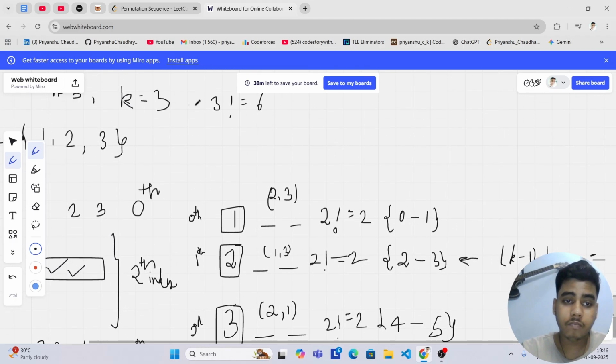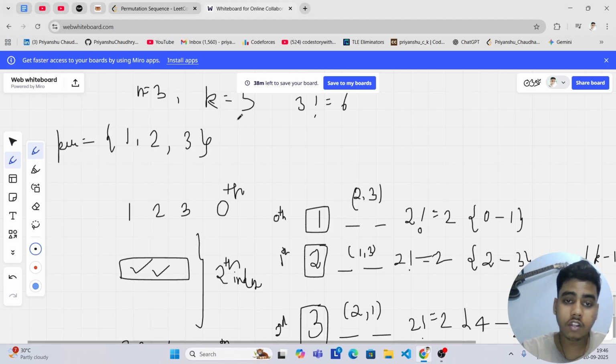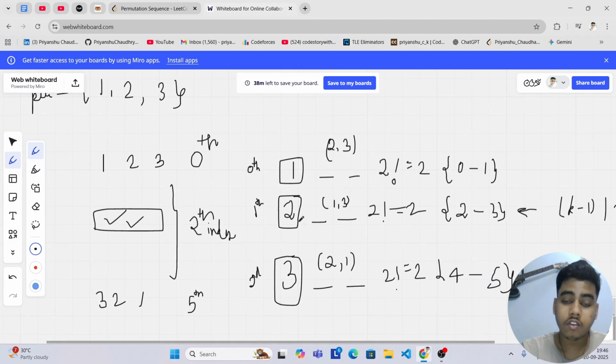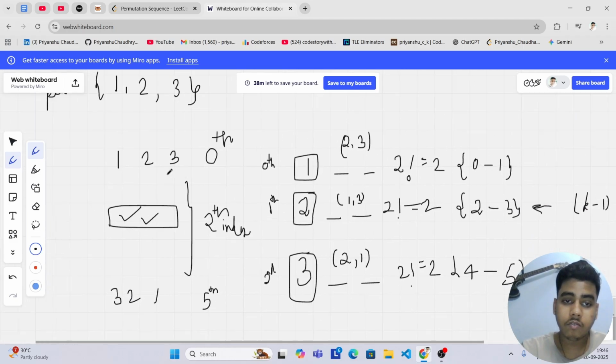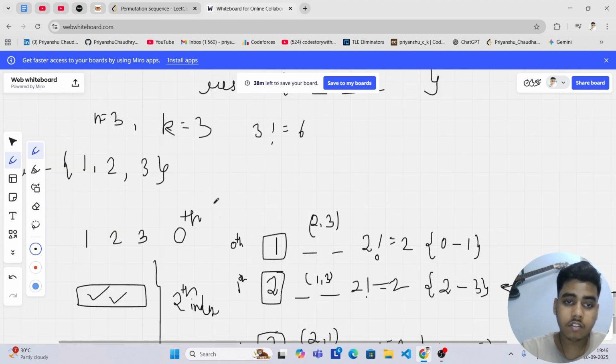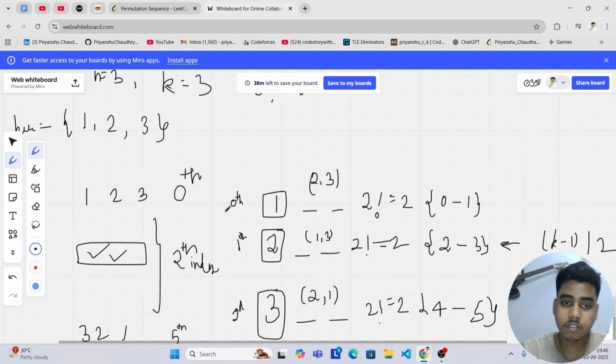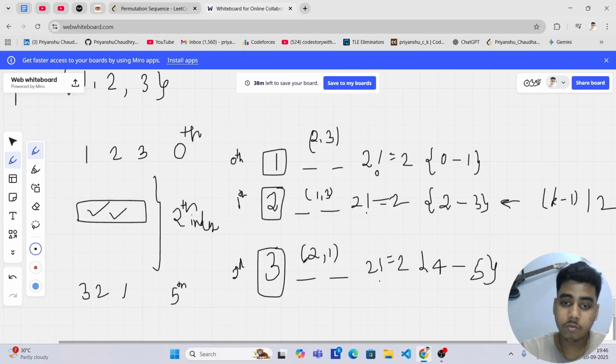Because k was telling which permutation I want, and I know that I have to find the 2nd index permutation. Elements are starting from 0 and going up to index 5. And I have to find the 2nd index permutation.